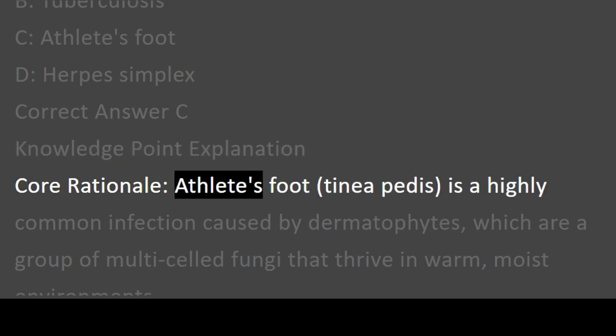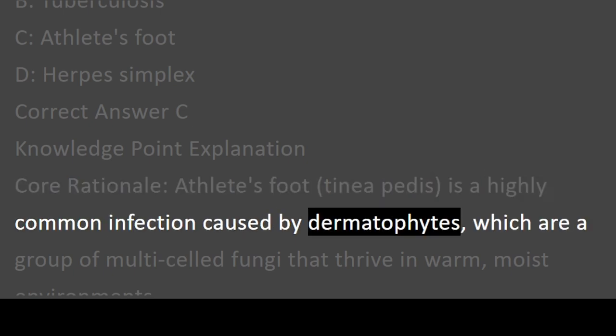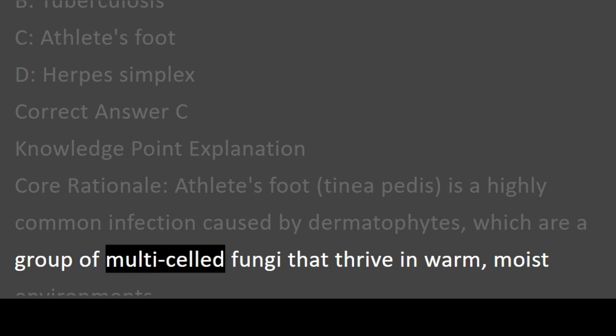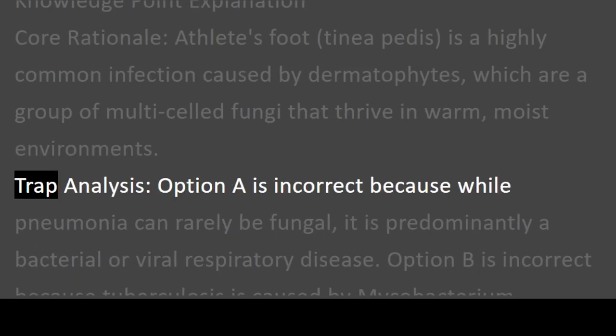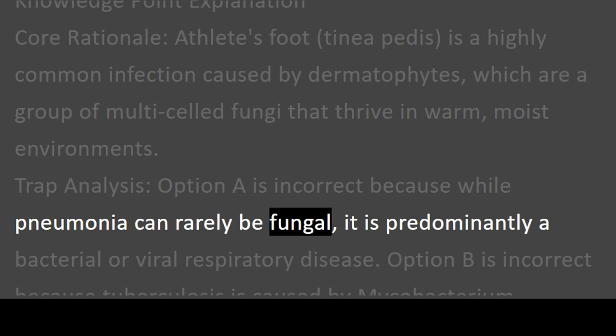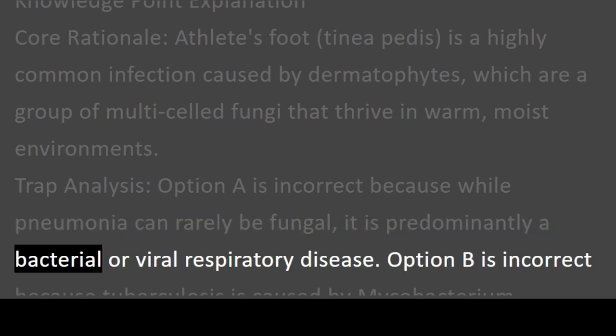Knowledge point explanation. Core rationale. Athlete's foot, tinea pedis, is a highly common infection caused by dermatophytes, which are a group of multicelled fungi that thrive in warm, moist environments. Trap analysis. Option A is incorrect because while pneumonia can rarely be fungal, it is predominantly a bacterial or viral respiratory disease.